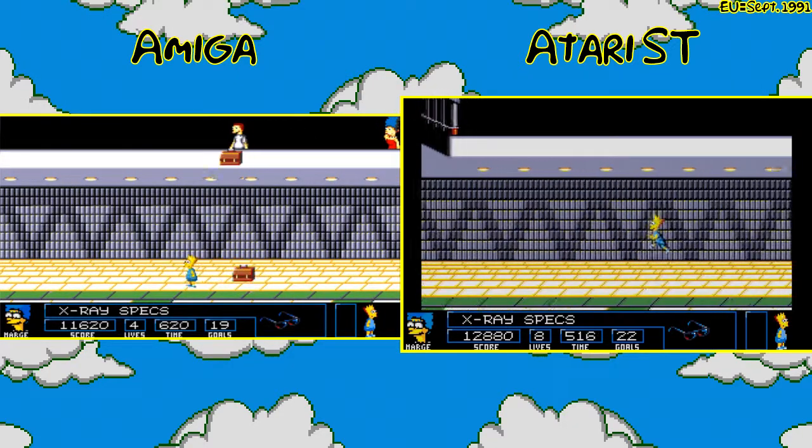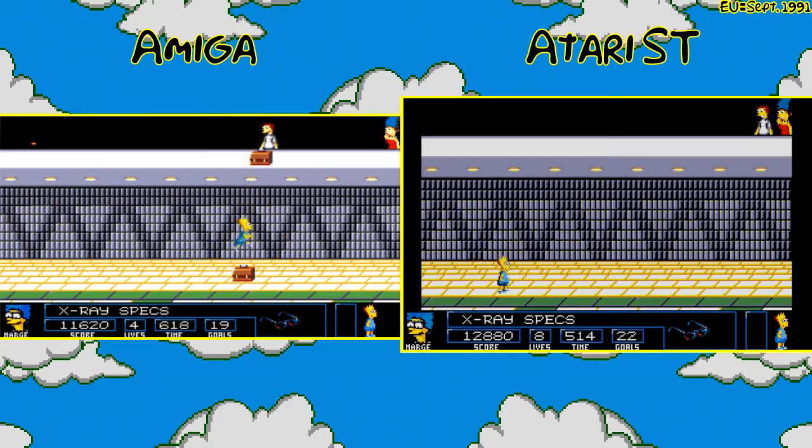As you can also tell, the Atari has slightly more color than the Amiga one does. Not really sure if that was the emulator or the actual PC, but it's there, so I guess I'll just mention that.